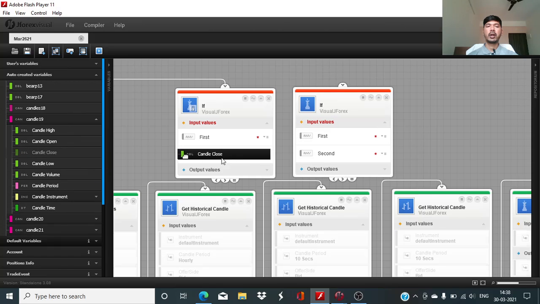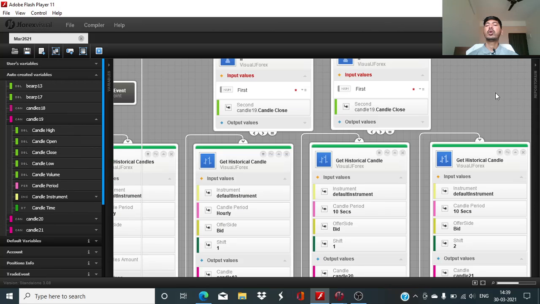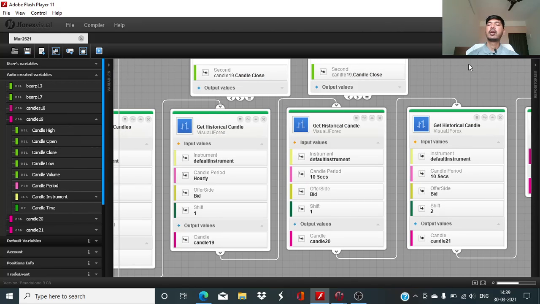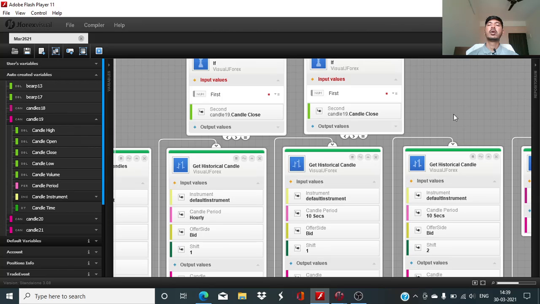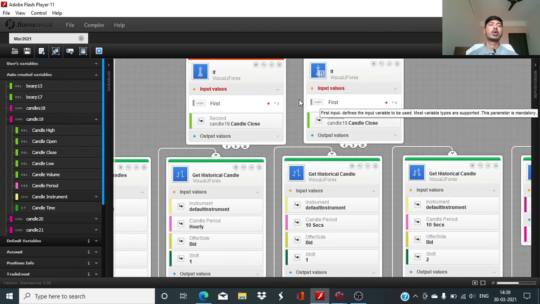We take candle 19's close as the second input, and candle 20 and candle 21 closing values will be put here as first input respectively.